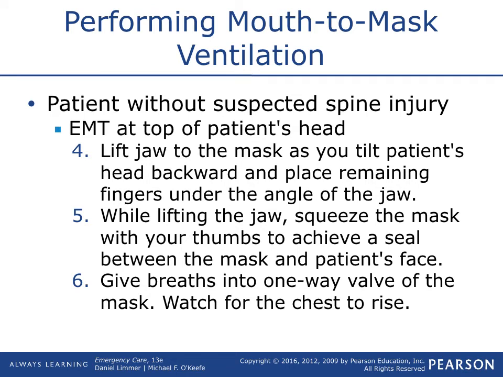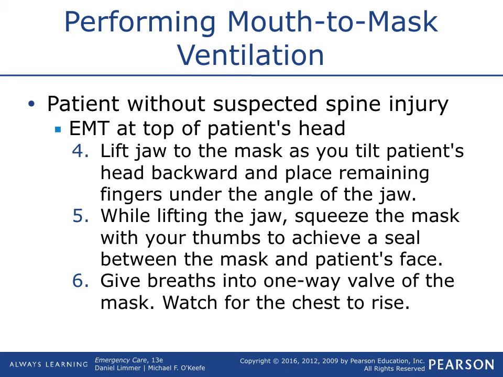Performing mouth to mask ventilations, patient without suspected spine injury: the EMT at the top of the patient's head lifts the jaw to the mask as you tilt the patient's head backward. Basically it's the same as anything else. Open that airway, tilt backward, and place your remaining fingers under the angle of the jaw. Use your hands to grab that jaw. Your fingers are under the jaw, your thumbs are over the mask, and you're sealing it to the face.